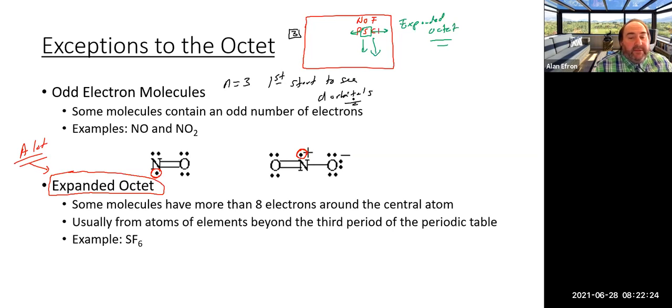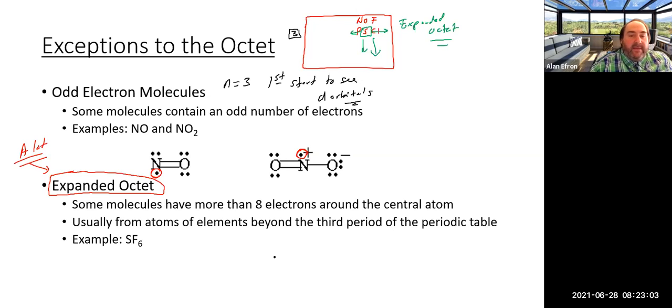So although something like sulfur may not actually be using its d orbitals, it does have the d orbitals available to house those extra electrons. Because they have those d orbitals available, they're able to go over 8, upwards of 12 electrons around them.